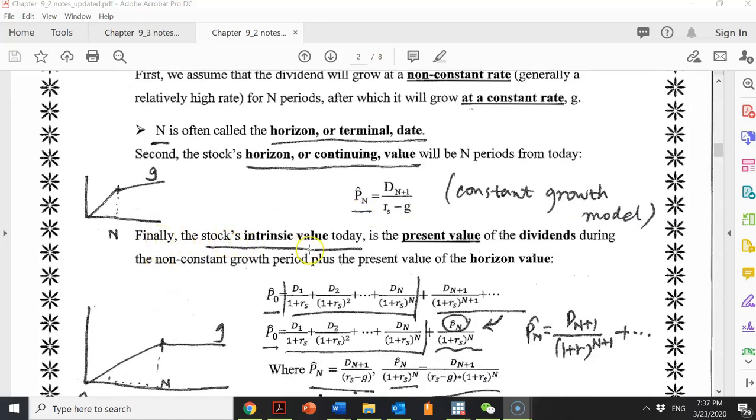Finally, the stock's intrinsic value today, P0, is the present value of the dividends during the non-constant growth period, the first stage, plus the present value of the horizon value. So the horizon value is the discounted value of all the dividends in the second stage to date n.